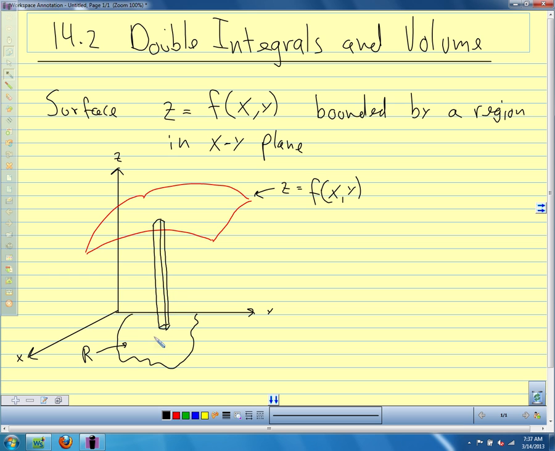So we're going to say the width of this prism is delta y sub i. And on this side it's delta x sub i. And the center of that is at coordinates x sub i and y sub i.